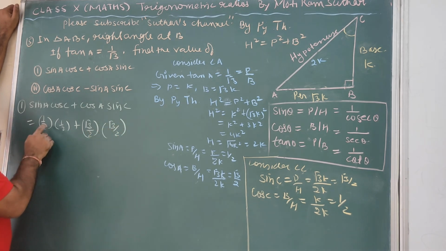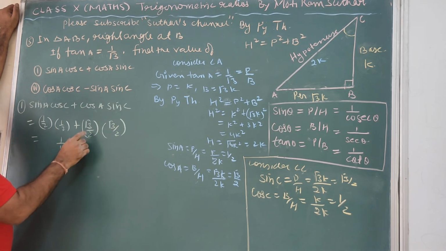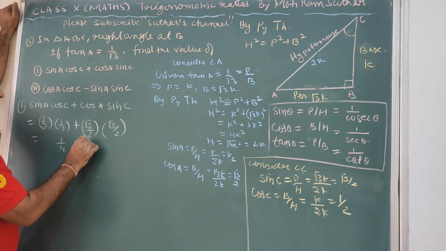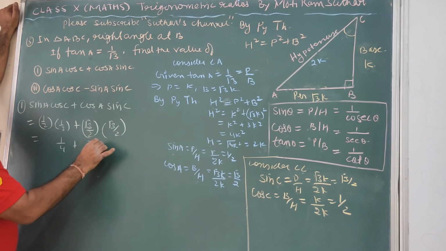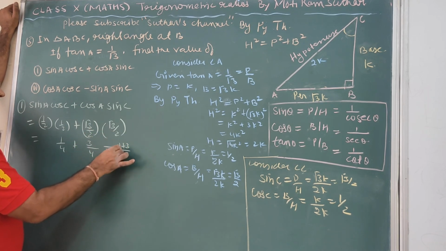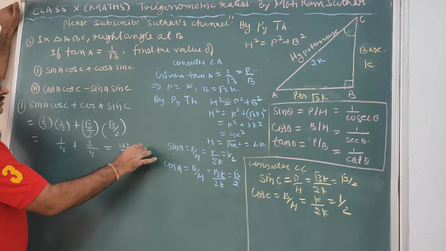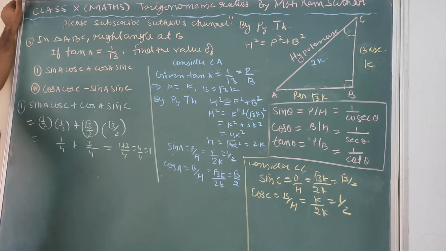Now multiply 1 by 2 into 1 by 2, that is 1 by 4, plus root 3 into root 3, that is 3, and 2 into 2, 4. So take LCM and simplify. That is 1. So the answer for the first is 1.